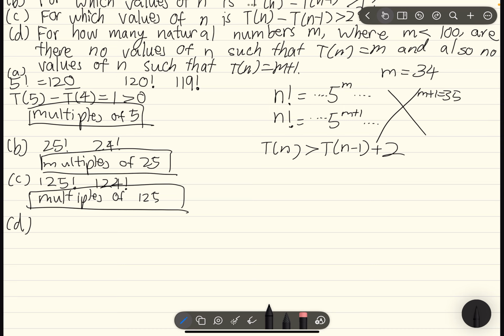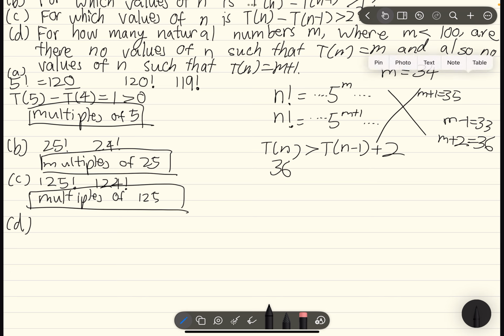So the last possible number of terminal zeros would be 33 terminal zeros, and the next possible would be 36 terminal zeros. So this means then that for any Tn, say 36, Tn minus 1 plus 2 has to be less than 36.